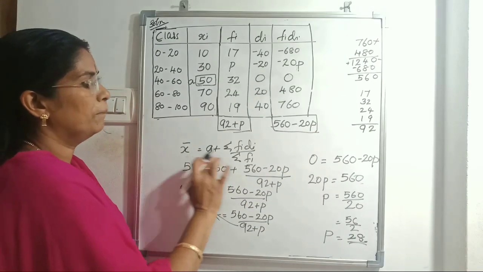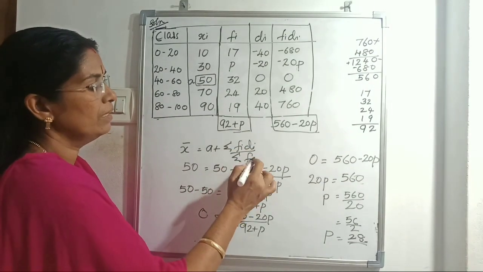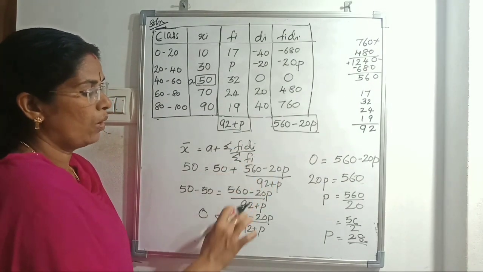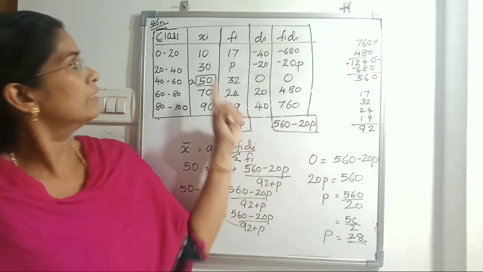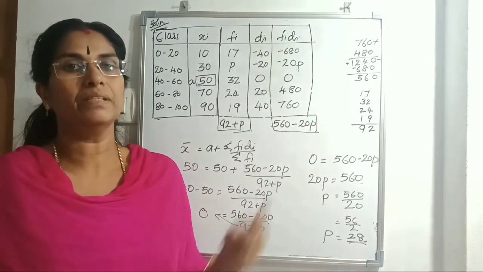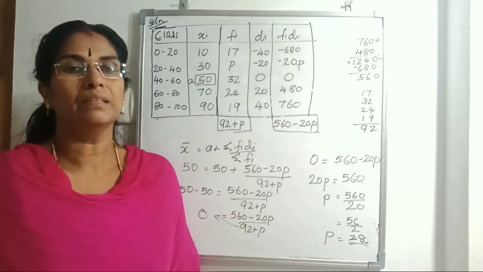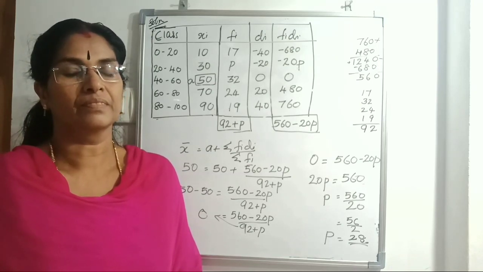After that, apply the formula x bar is equal to A plus sigma Fi di by sigma Fi, and solve. You can use the direct method also, but since the terms are very small, you can use the direct method. Otherwise, you can solve by using this assumed mean method. I think it is clear.